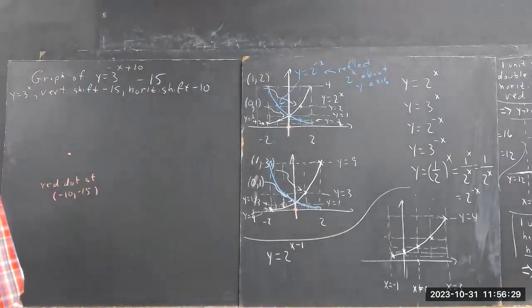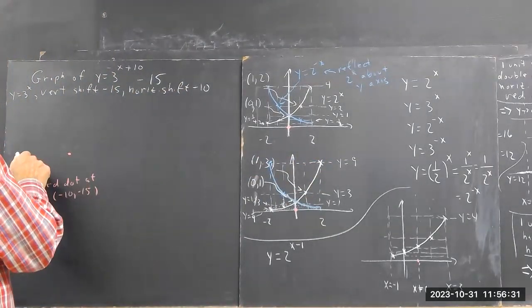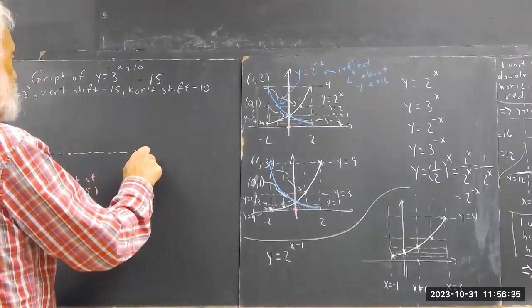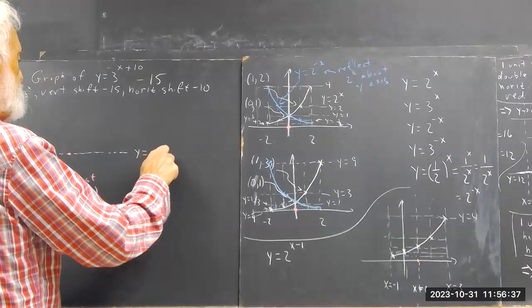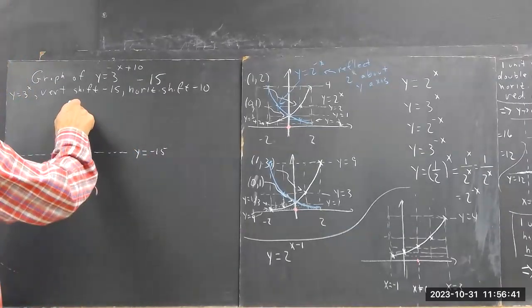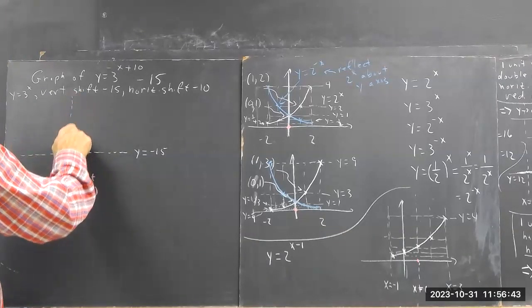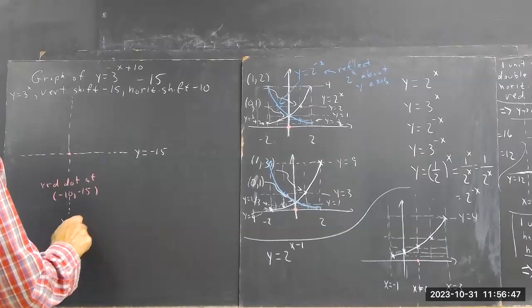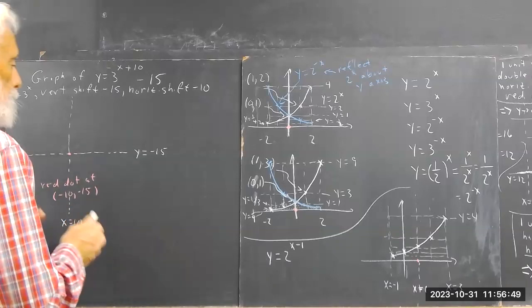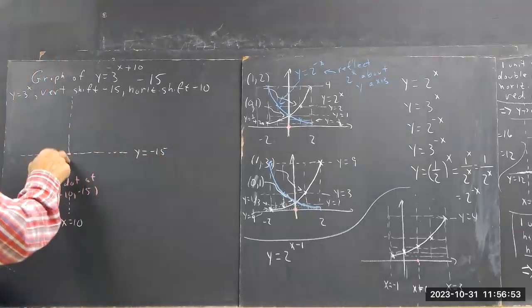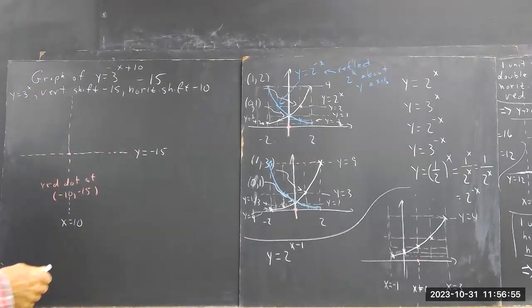Okay, so this is at y equals negative 15. And this is a line x equals 10. So if we're going to construct this in a 4 by 9 rectangle with the red dot in the middle of the lower side.